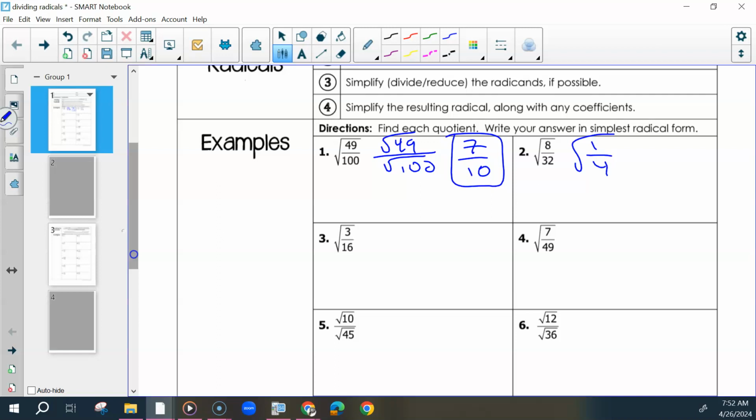And these are both perfect squares, so I could do the same thing. And this final answer would be 1 over 2. Sometimes you get a partial. So if I split this, we have the square root of 3 over the square root of 16. Square root of 3 we can't simplify, but the square root of 16 would be 4.